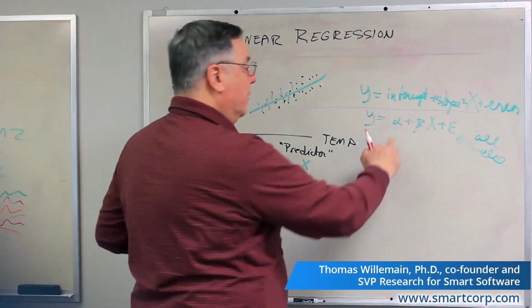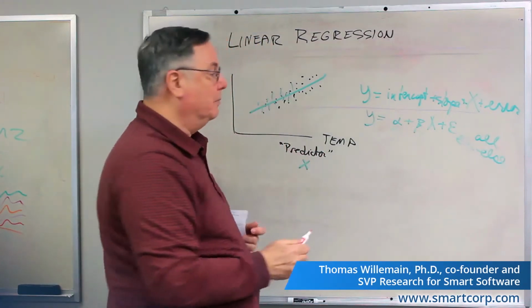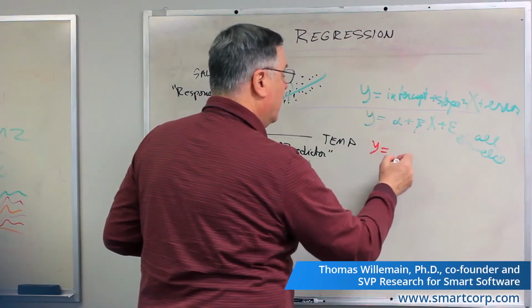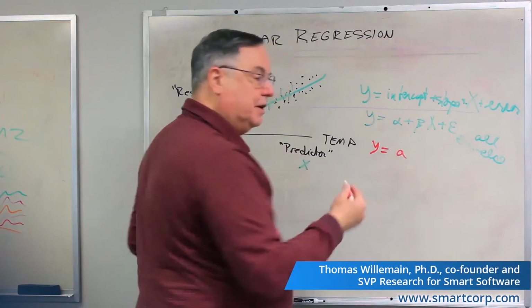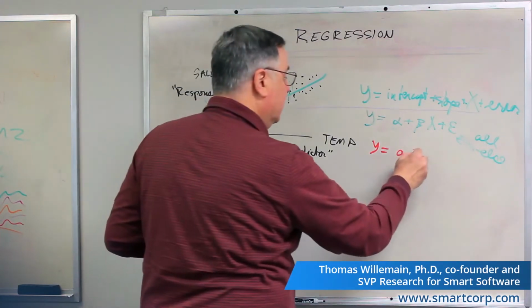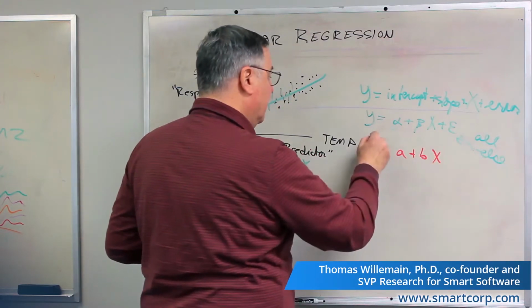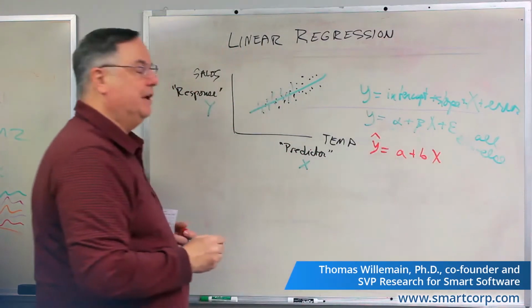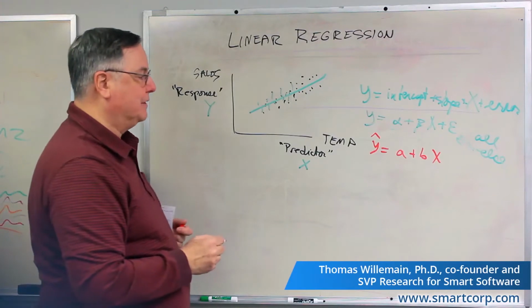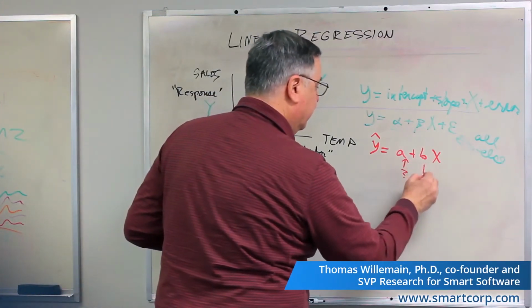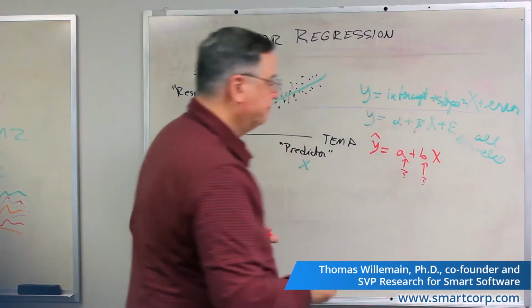And so this is the general theoretical model. What we will actually estimate is that y is some particular calculated number a, the intercept, plus b, the slope, times x. And we'll say this is the prediction, y hat, given x. So how do we calculate a and how do we calculate b?